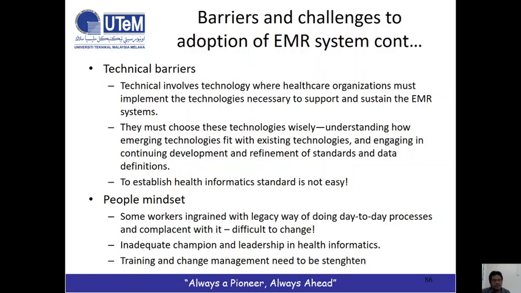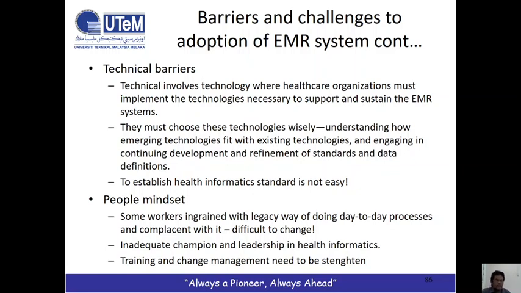So this is difficult to change. Let's say you have been ingrained with the manual system for 20 years, and tomorrow you want to change to use new technologies or devices. This is very difficult to change. A paradigm shift is very difficult in these changes.